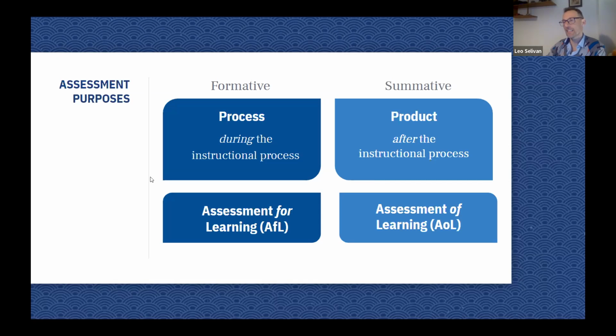Even though the labels are different, they more or less refer to the same thing: assessment for learning is formative assessment, and assessment of learning is summative. I think assessment for learning is an apt term, because it emphasizes the role formative assessment plays in motivating students towards achieving learning goals.